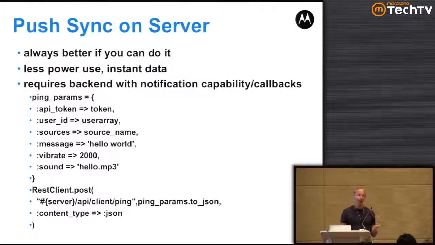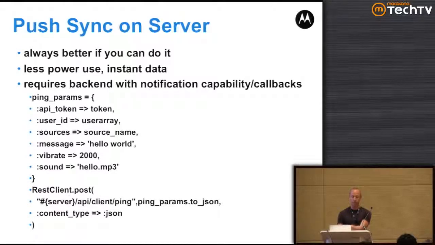It does require that your back end have the callbacks, though. That's the key thing. Whatever you're integrating with has to have a way that you can register and say, tell me when these interesting things happen. So this is the code that you would register to say, hey, call this code, and then RhoConnect exposes this REST client.